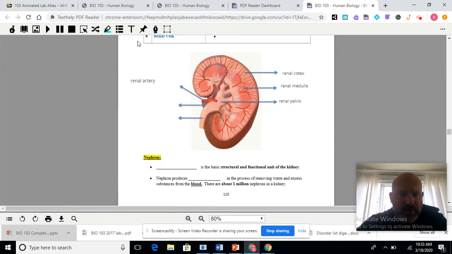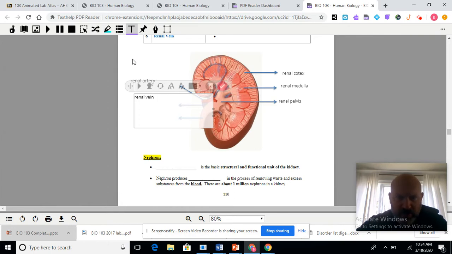All right. And below that is the renal vein. You can see this is a new process for me, but most people would stop the video because they made a mistake and start it all over again. We're not doing that.